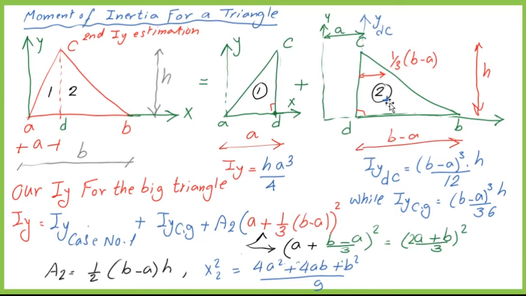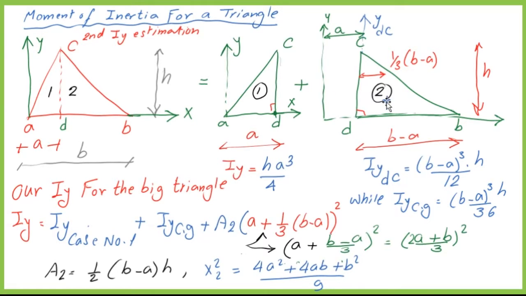We have to proceed from the CG and follow the principle of the parallel axis theorem. So our procedure, in order to get the final moment of inertia, is to get the moment of inertia about the Y axis for triangle number 1 and the moment of inertia from triangle number 2 about the Y axis. From case number 2, we have IY plus IY at CG plus the area number 2, multiplied by the square of the horizontal distance from the CG to our Y axis.